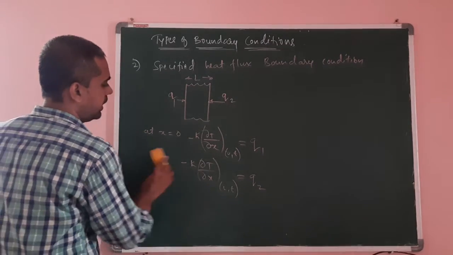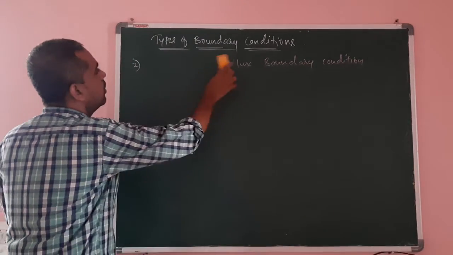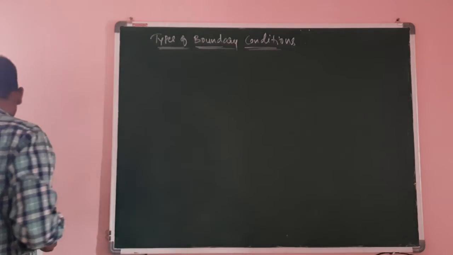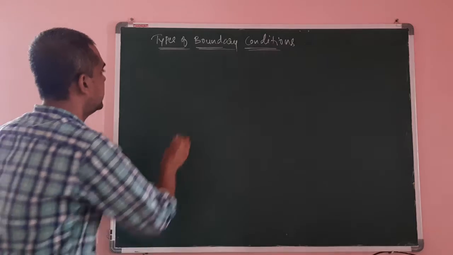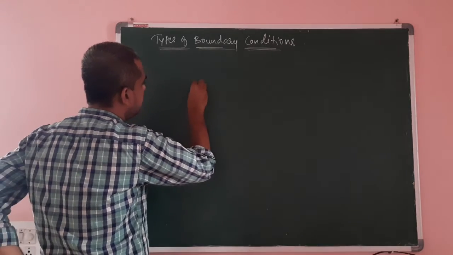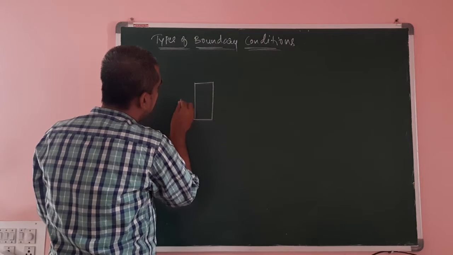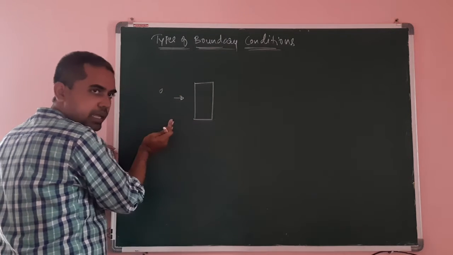Third type of boundary condition. Suppose there is a plain wall, and there is a fluid here.